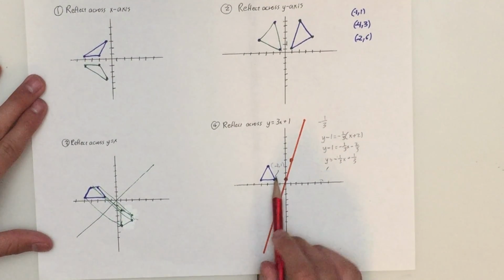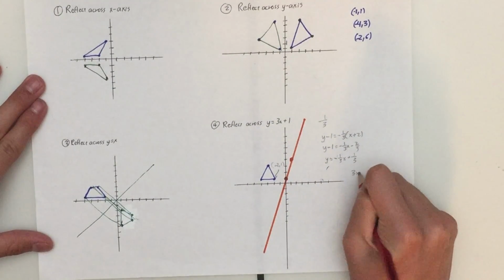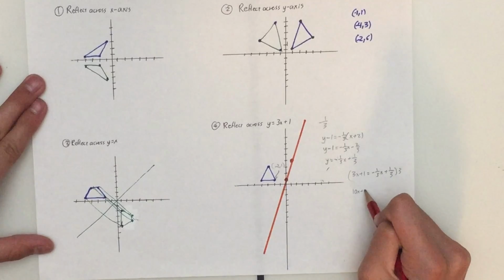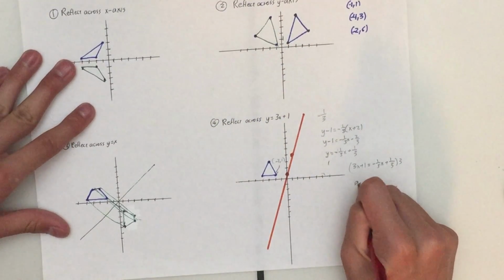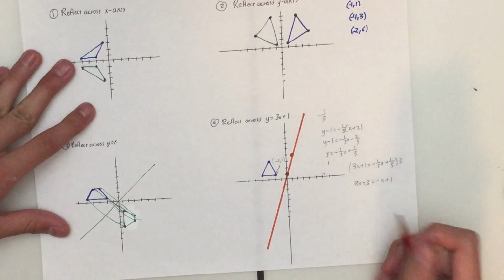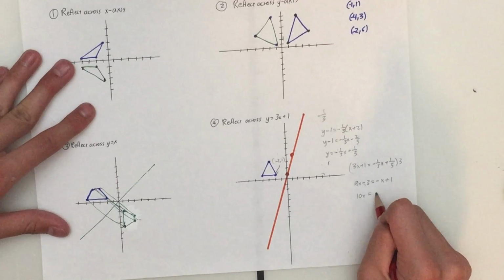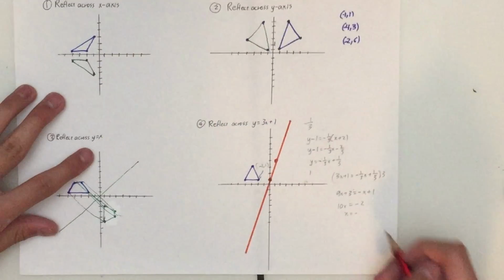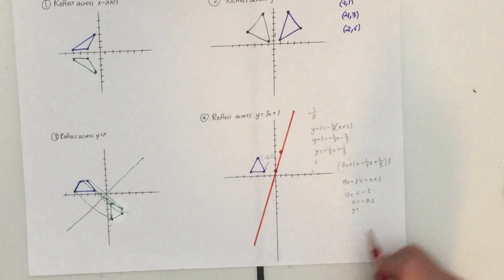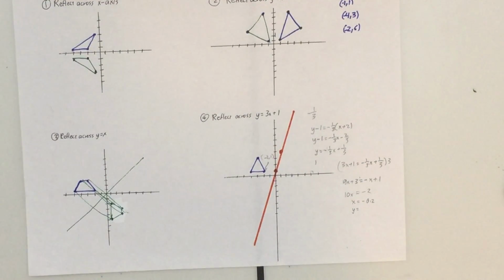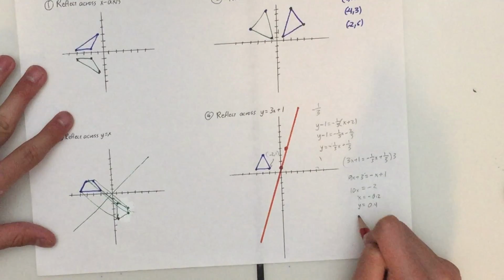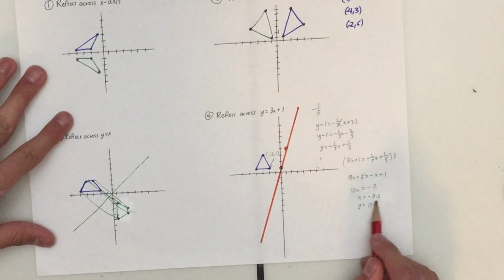So now we have to find the point where this line and this line intersect. So we'll just solve for that like earlier. So now we have this point, (-0.2, 0.4).